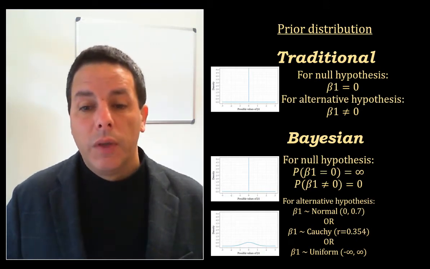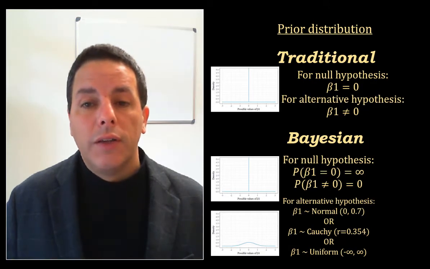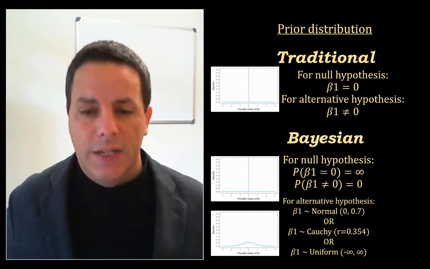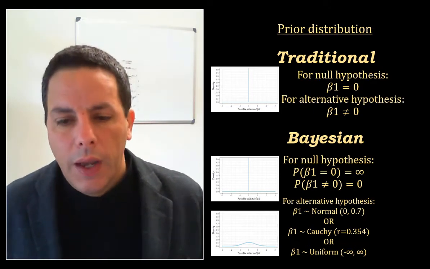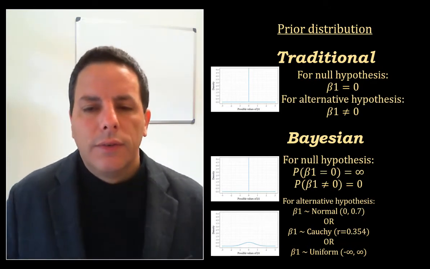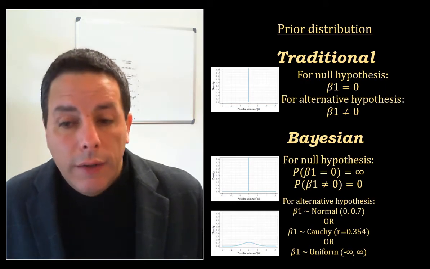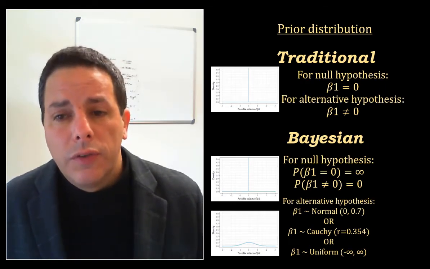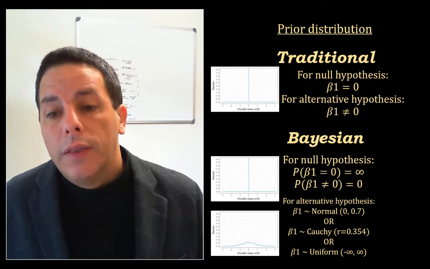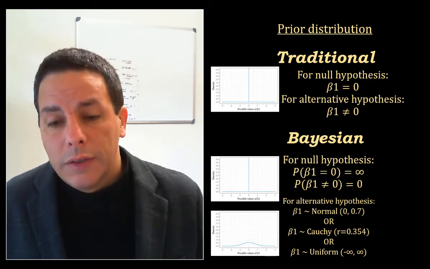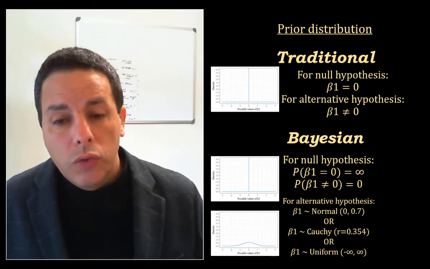Basically, they say, okay, this prior indicates that I have no idea of what the possible parameter values in the population are, and let the data decide. And that's okay. In some situations, this is the best alternative. That's the alternative that we are going to follow here when we use JASP.